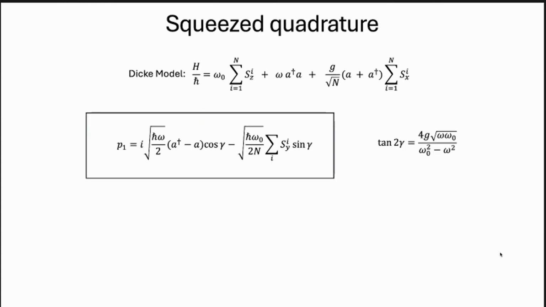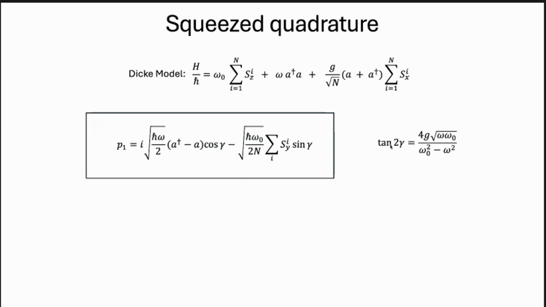And now we can see what the squeezed quadrature is. For this Dicke model, it turns out this operator P1, which is the most squeezed operator, is actually a two-mode operator. It has the bosonic mode, this A dagger minus A. It also has the spin mode, the collective spin operator in the y direction, Sy. Both of these are weighted by some factors, cosine gamma and sine gamma.